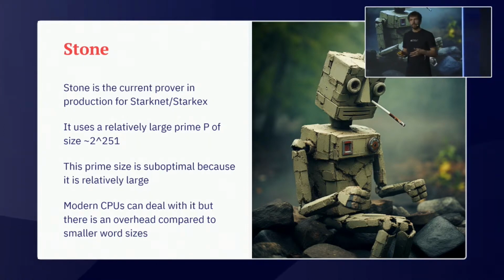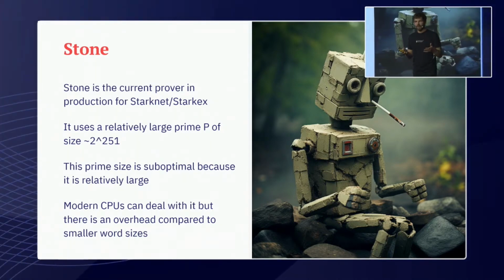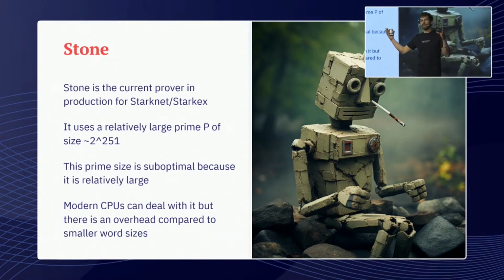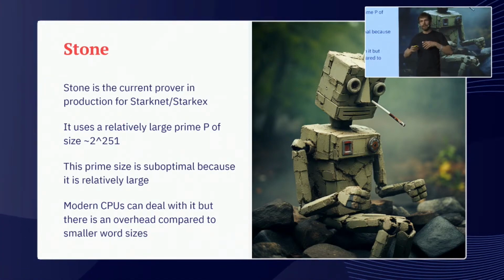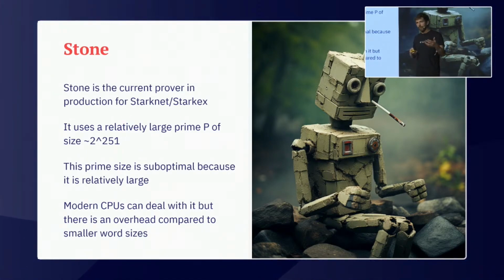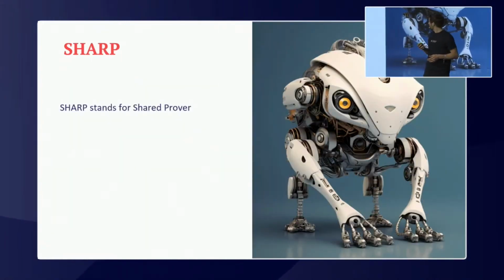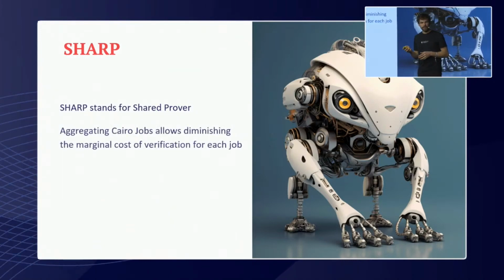It works well, but the size of P, 2 to the power of 251, is relatively large. It's easy for computers to deal with, but it's a relatively big number. Numbers can be pretty big, and so there is an overhead when computers need to prove stuff with this kind of field.